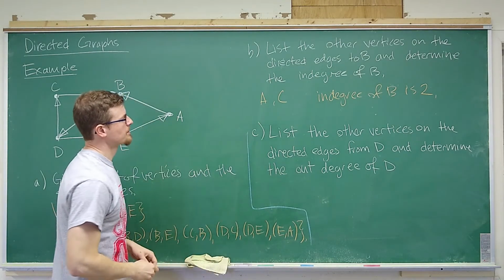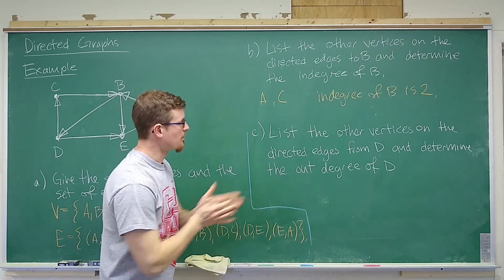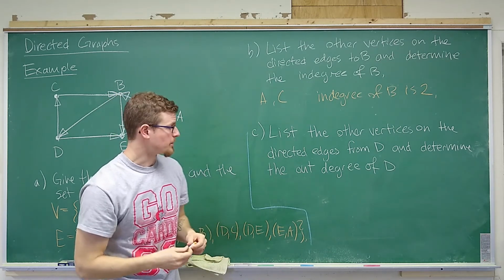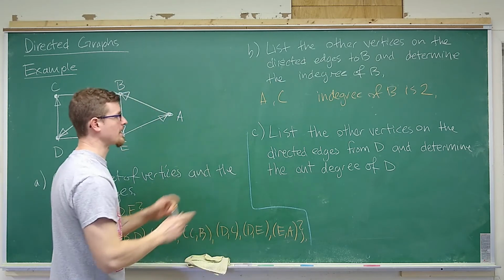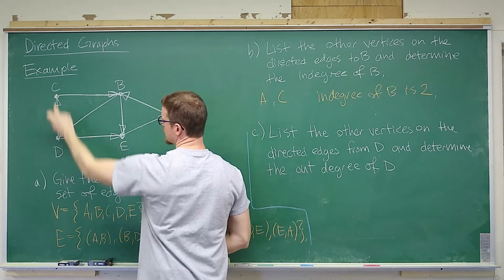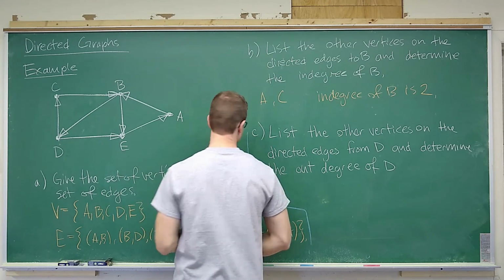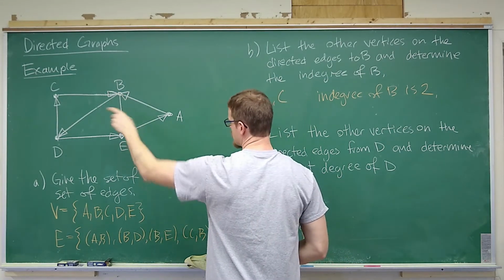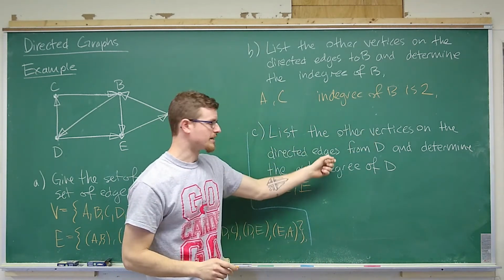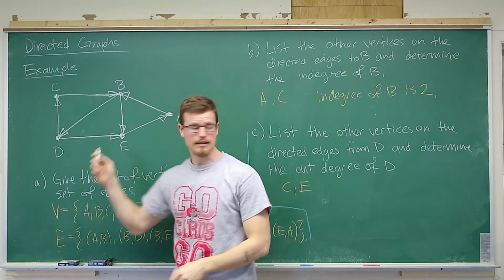All right, next we want to list the other vertices on the directed edges from D. So now we're looking at the edges that go away from D and determine the outdegree of D. That, of course, is just the number of edges that go away from D. So here at the bottom corner, we have D goes to C and D goes to E. So there are two edges that go away from vertex D, and those edges go to C and E. So C and E are the other vertices on the directed edges, (D, C) and (D, E).